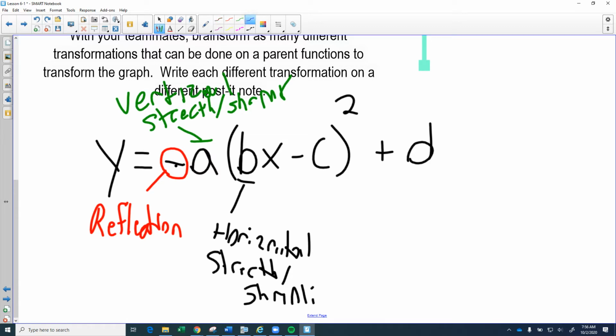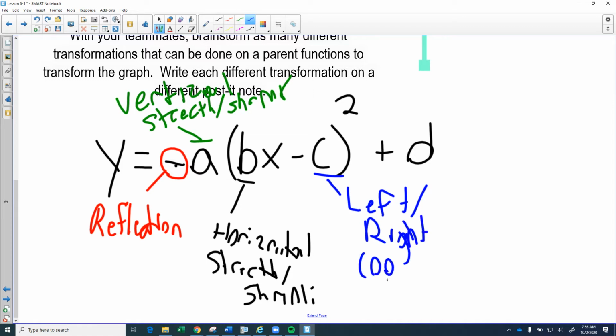C is going to be my left or right motion, so it's literally going to shift the graph. And the key one from that one, if you always remember this, it was always opposite. And then the value of d at the end here was always your up or down motion. Okay.